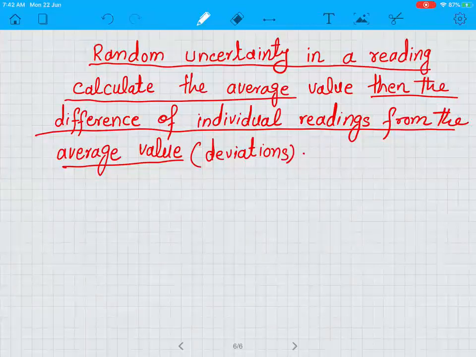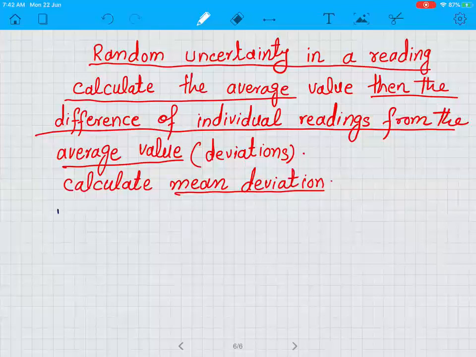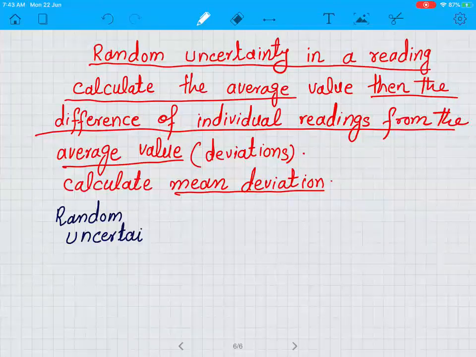And the last step would be calculate mean deviation. Then you are supposed to calculate the mean deviation, and you must know that your random uncertainty will be equal to plus minus mean deviation.